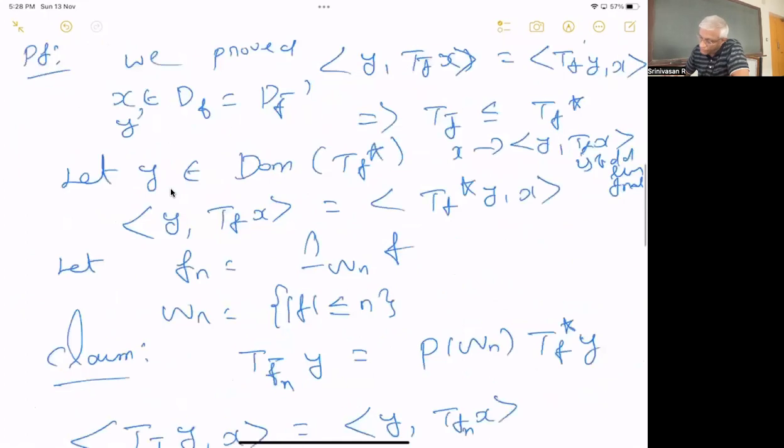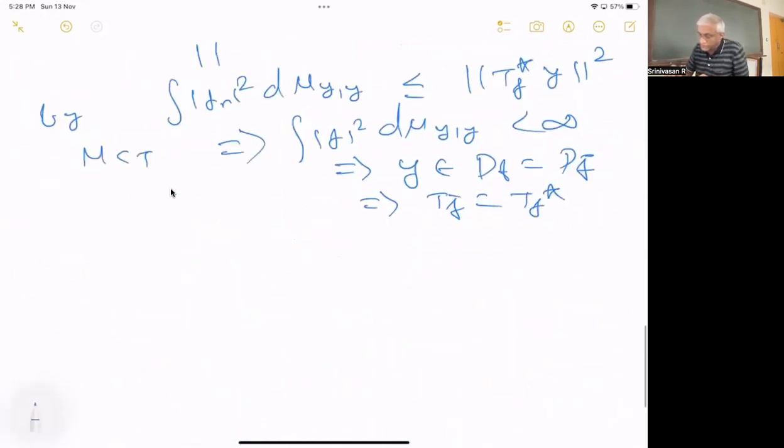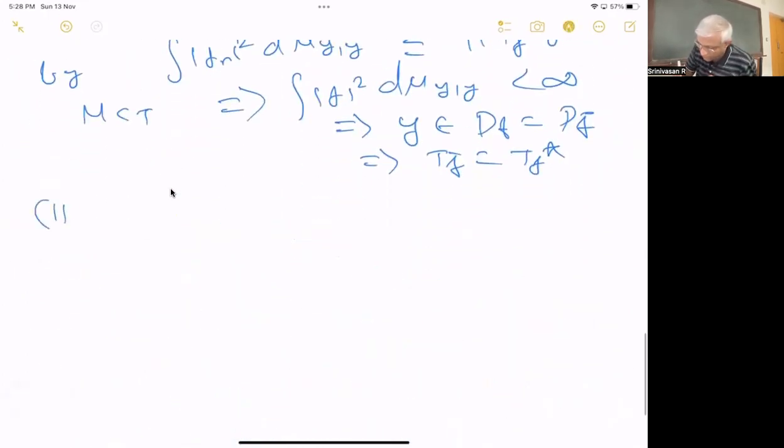Next we want to prove something for two functions. So we have two functions, f and g, measurable. Then we want to talk about the domain of TfTg, the composition.